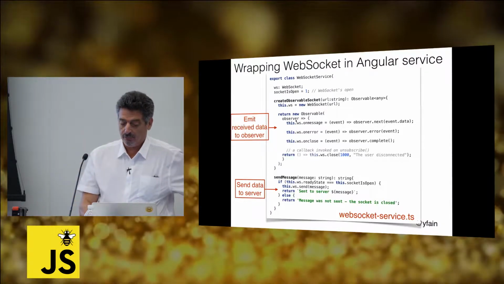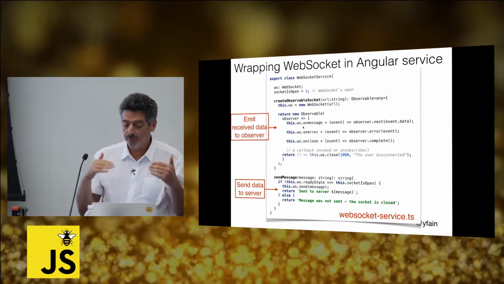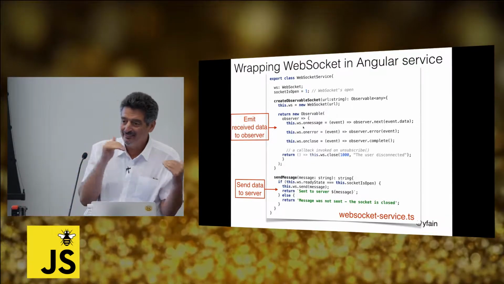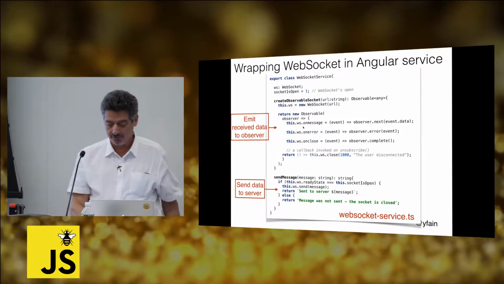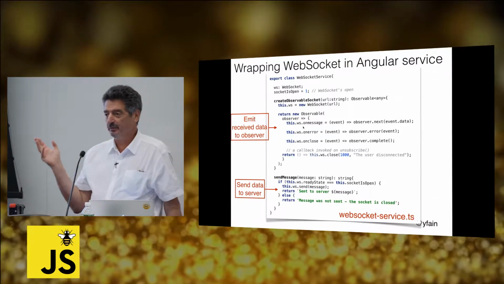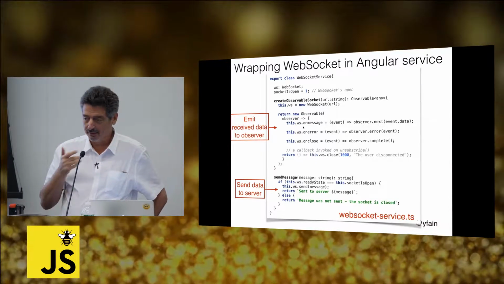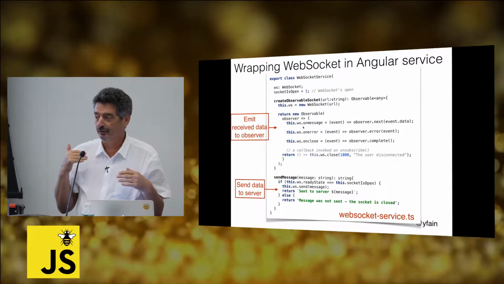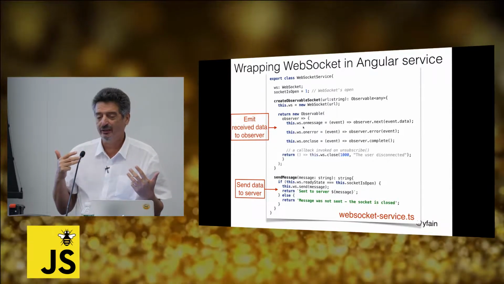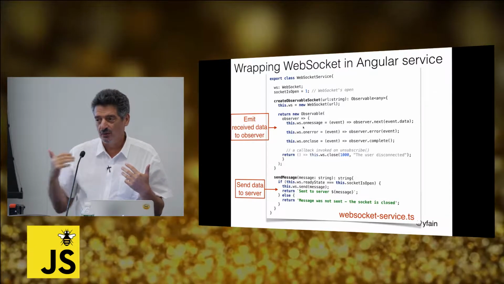On the observer, you map events from WebSockets to actions that the observable can do on the observer. I guess you remember, right? If at least 90% of you are Angular developers, that observer has a very clean API. 3 functions to call.